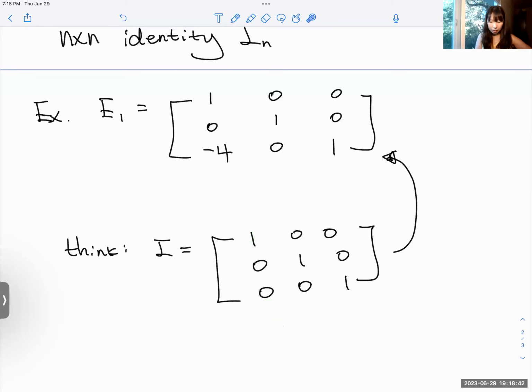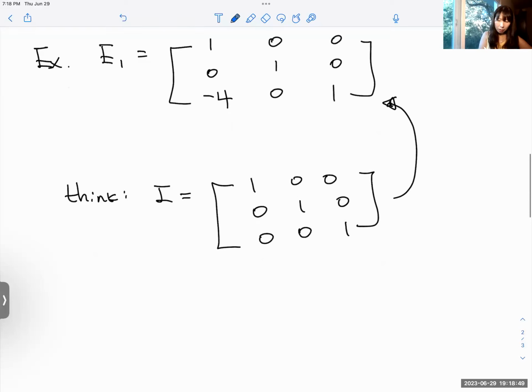Then we replace row 3. Can you see that? So it will be negative 4 row 1 plus row 3, replace row 3, right?